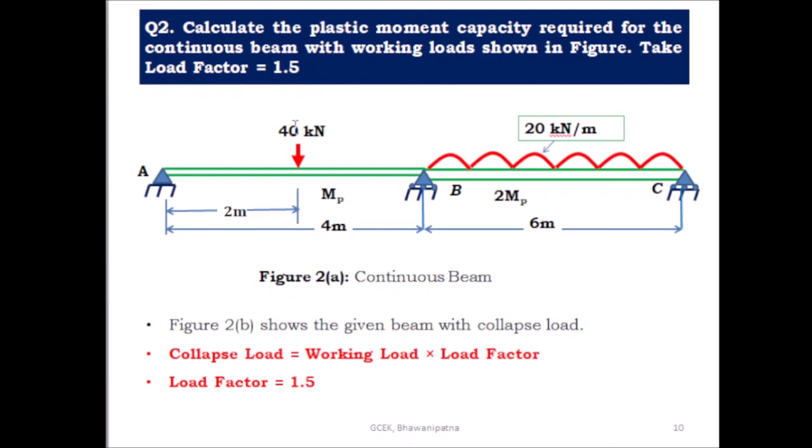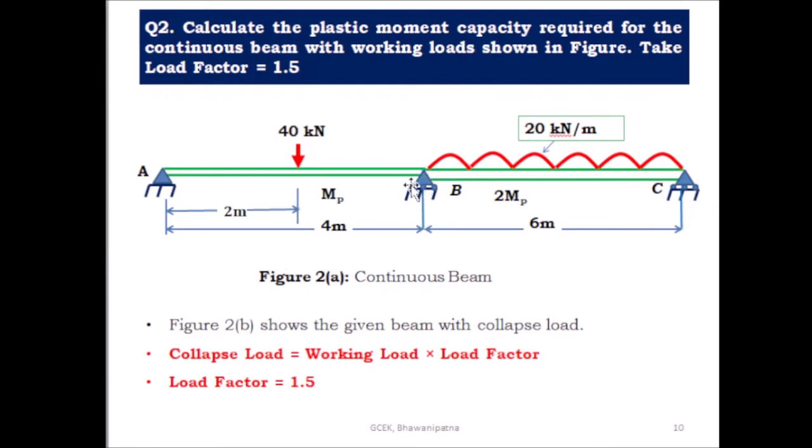Then coming to the second problem, calculate the plastic moment capacity required for the continuous beam with working loads shown in the figure. Take load factor equal to 1.5. So this is a two span continuous beam with support A hinged and support C a roller support, and this is the intermediate roller support.